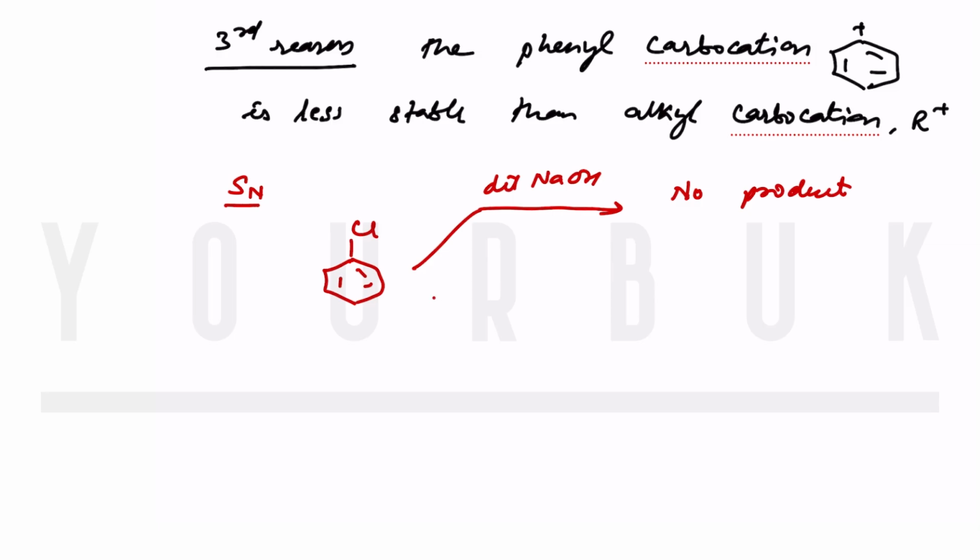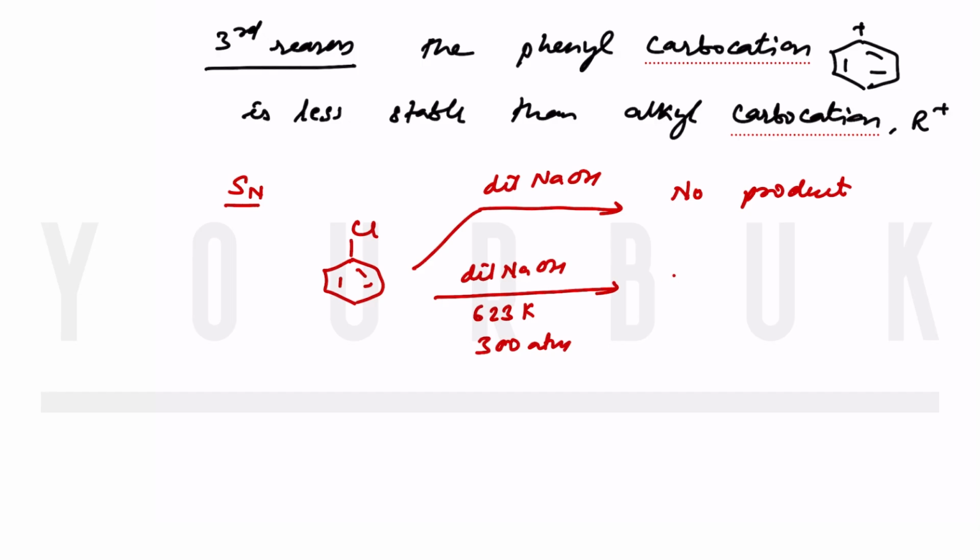For example, we react this compound with dilute NaOH, 623 Kelvin, 300 atmospheric pressure, and the use of all these drastic conditions also indicates that chlorobenzene is less reactive than chloroalkane.